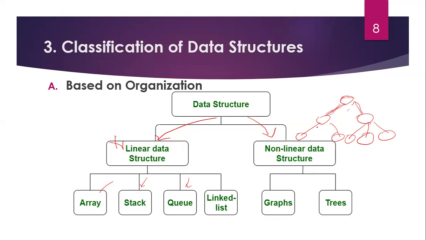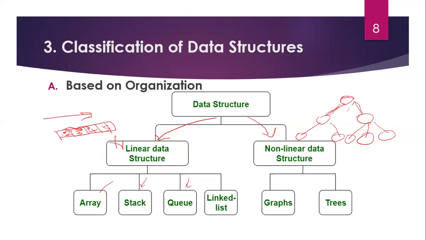But in a linear data structure, it's not like that. It's connected in a linear structure. Let me show an array again. In this array, we have stored all the data in a line, so each element is always connected with the next data and the previous data, in a linear manner.